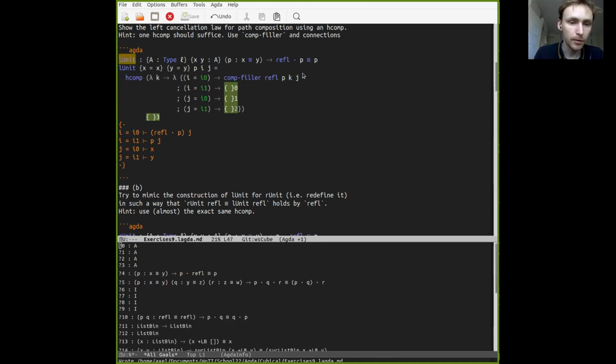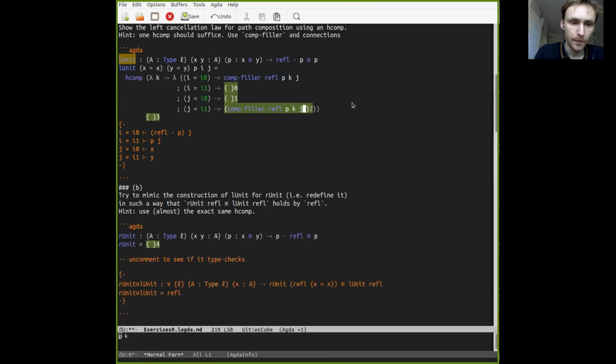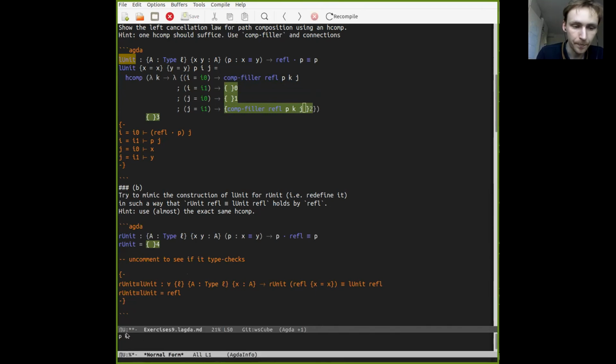Now this is going to force us to do things with the other sides. So let's type it in the box, J equals I1, and normalize it here to see what this is. Sorry, maybe you can't see this, it's PK.